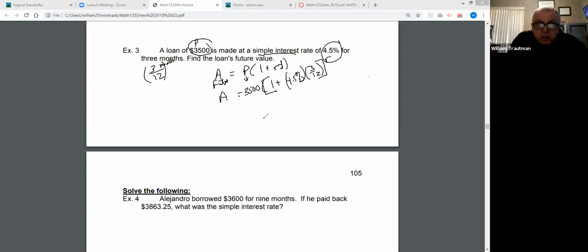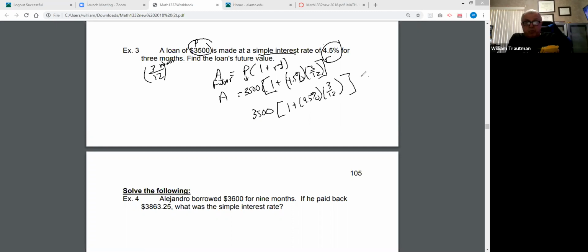So we have to be able to plug this into the calculator. 3,500, 1 plus 4.5% times 3 over 12. I would type it in just like that with the parentheses.